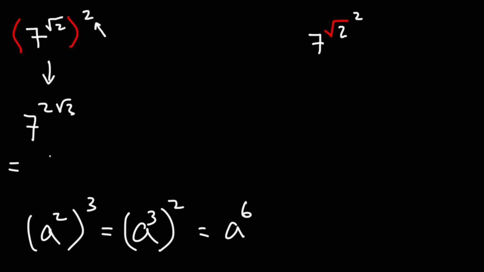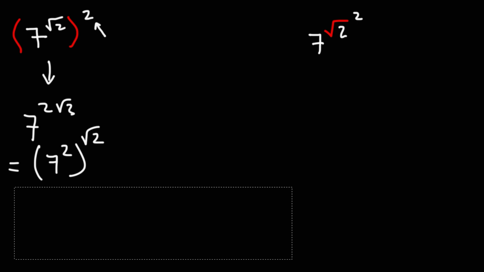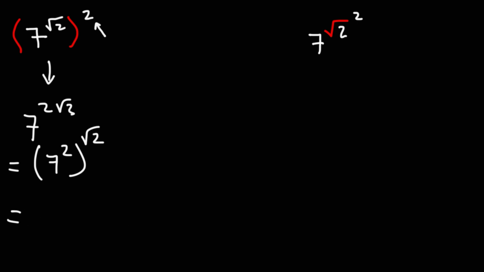So what I'm going to do here is convert it into this format. You can just swap these two because they both multiply to 2 radical 2. So now we have 7 squared. 7 squared is 7 times 7, which is 49. And so this is going to be our final answer: 49 square root 2.